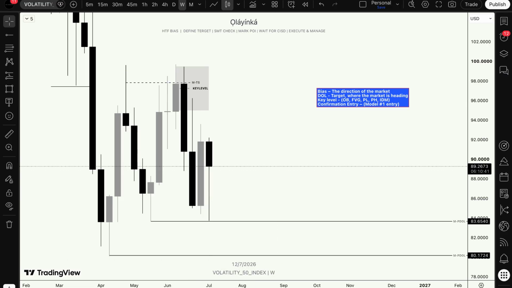So as you can see, we had this level, and we had this level, and we have this level. This is the previous candle.